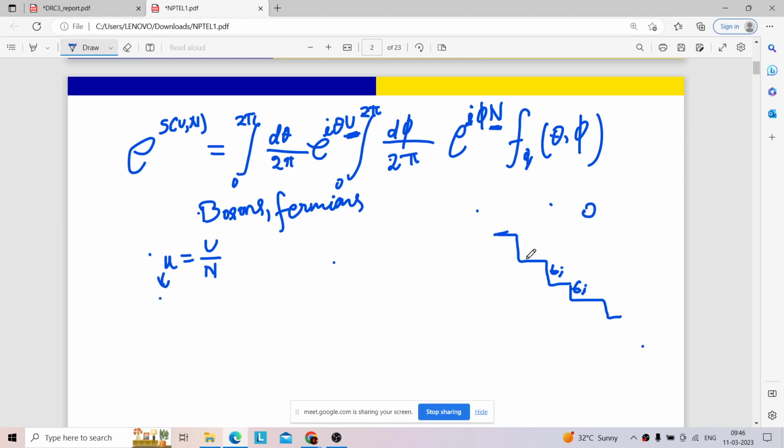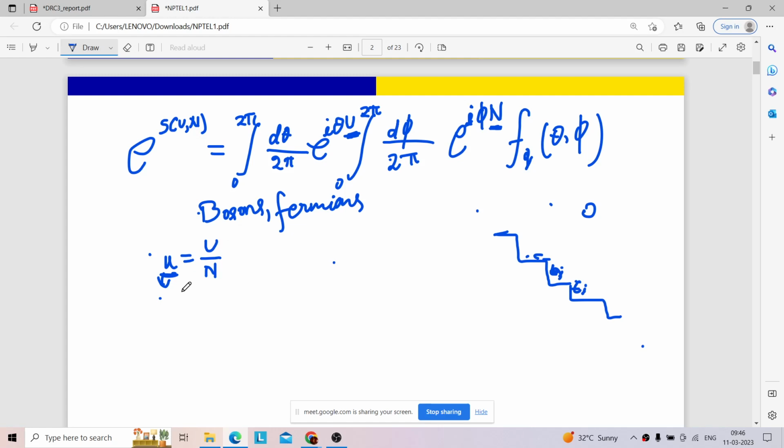We can distribute particles in any number of ways in our energy levels, but we have to define a parameter which will be informative for us. This will tell the energy per particle of a system.